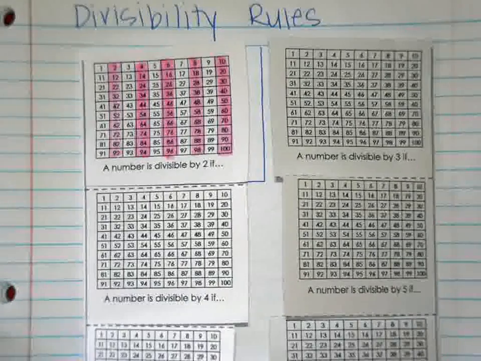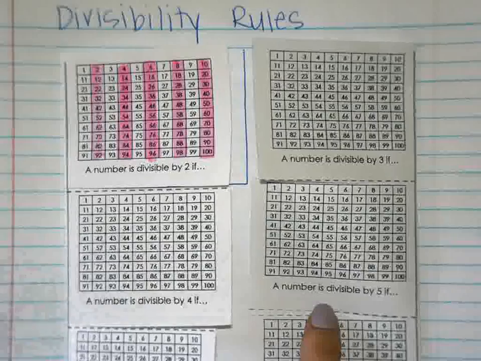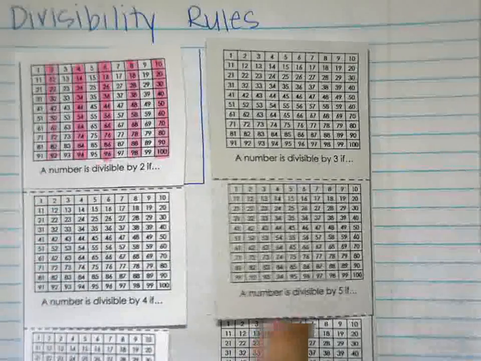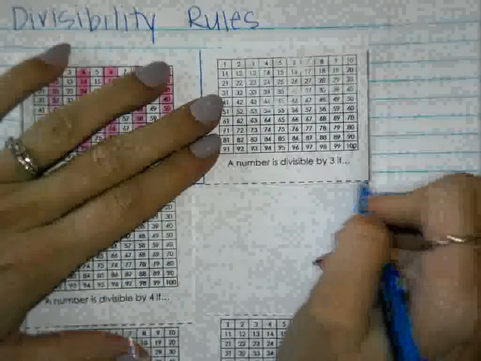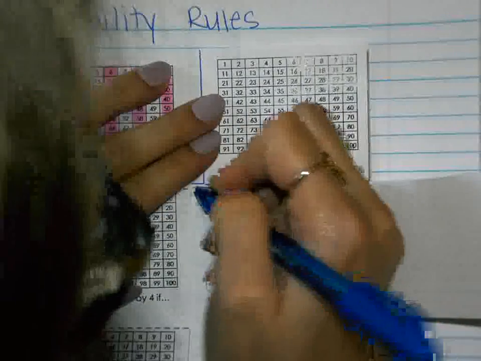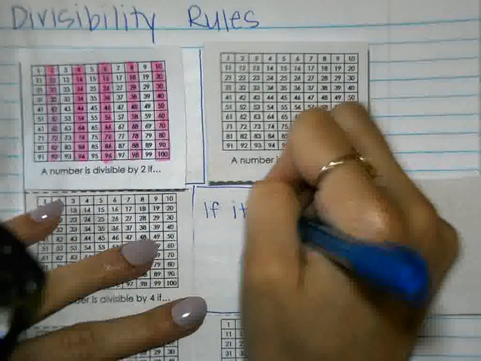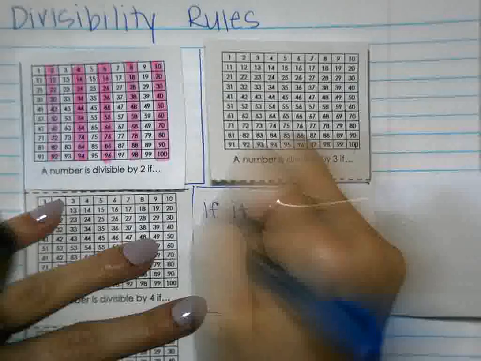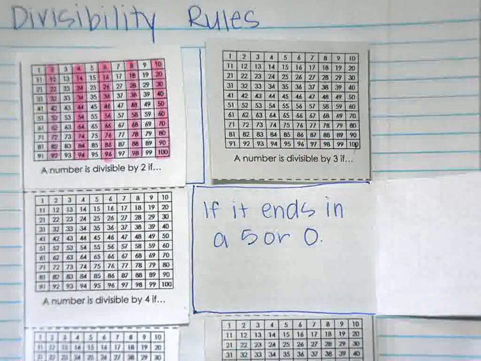The next one that people should know is a number is divisible by 5. Okay? So I'm going to box this in again. So a number is divisible by 5 if it ends in a 5 or 0.